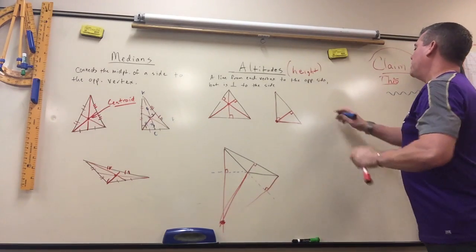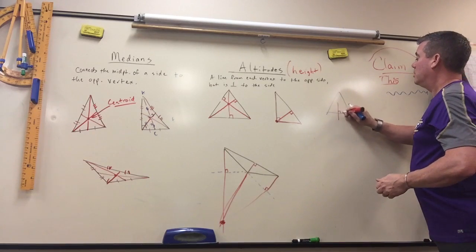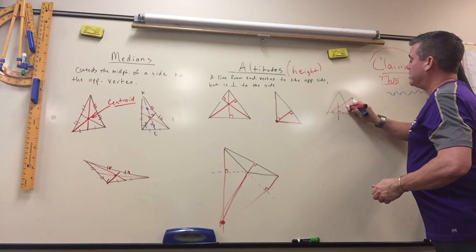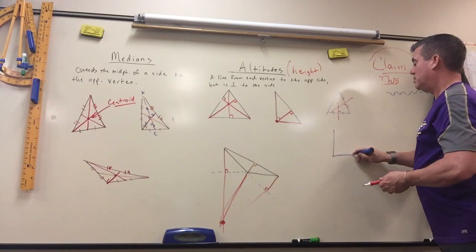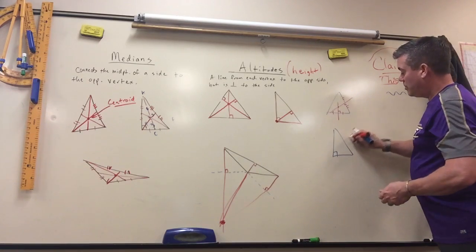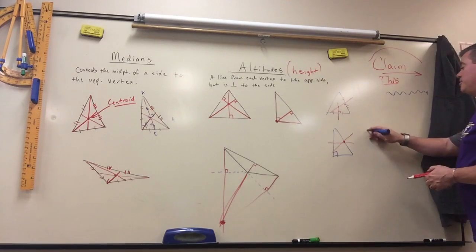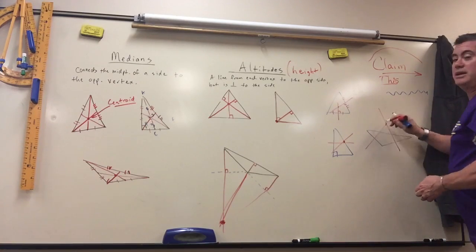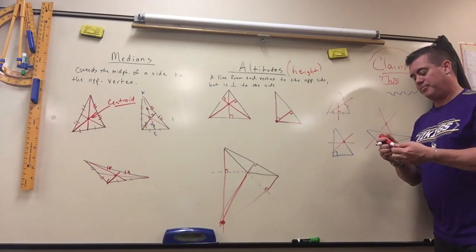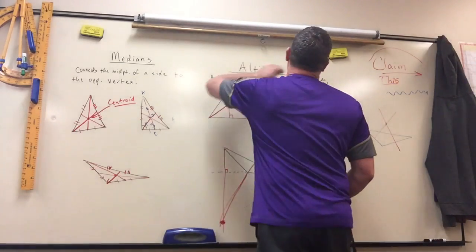If you remember the perpendicular bisectors, if it's acute, they intersect inside. If it's right, they intersect right on it. And if it's obtuse, they intersect outside. Okay?